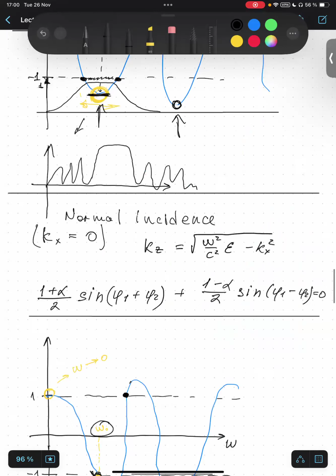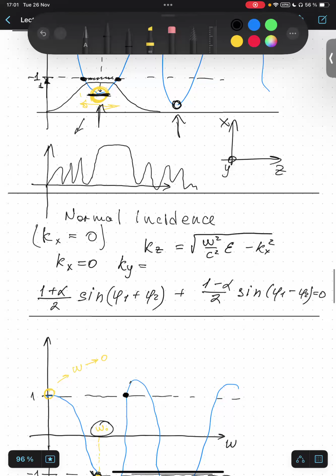Okay, my question is that we have 3 different wave vectors, k1, k2, k tilde, and what derivative by what wave vector? So we have kx equal to 0, and we also don't have ky because our system is like this.